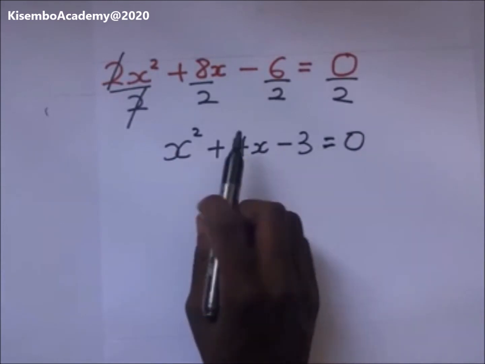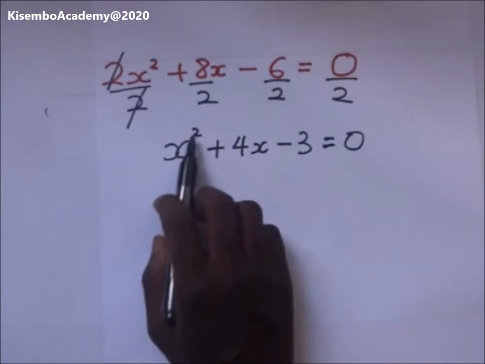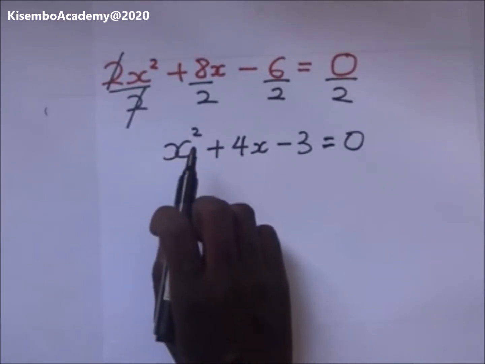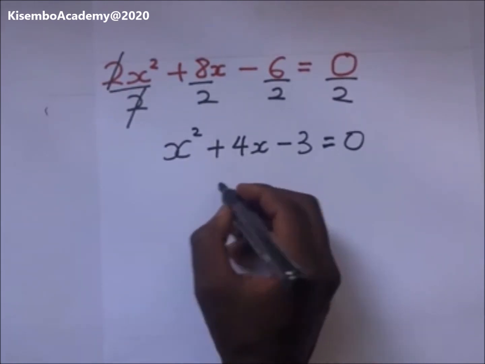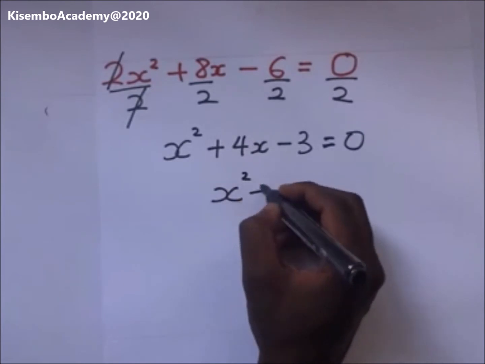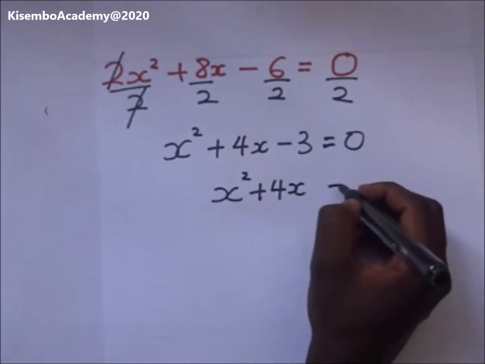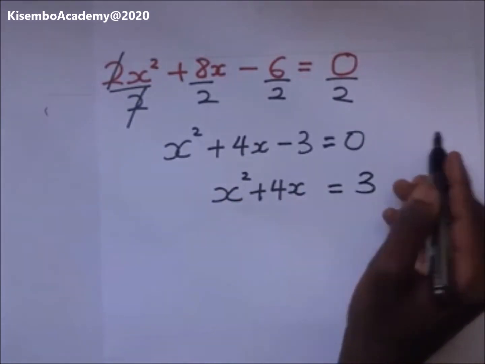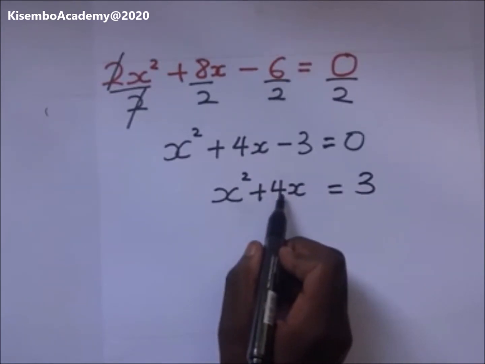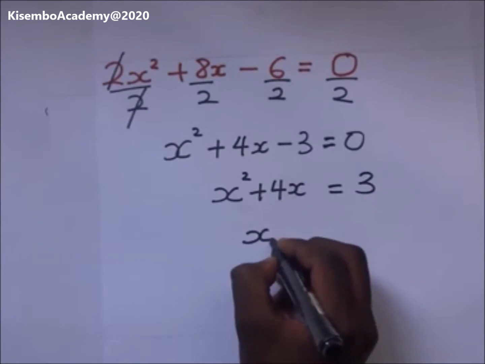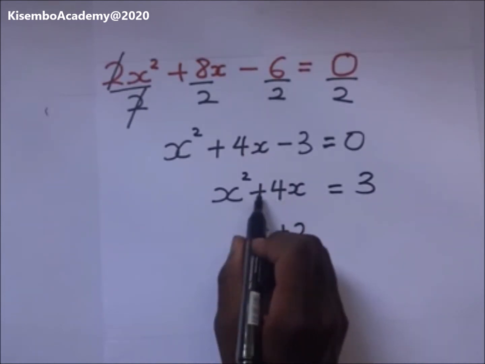Now, after making sure that our quadratic equation has its coefficient of x squared as 1, then we can go ahead and complete squares. So, like we've been doing before, it's going to become x squared plus 4x is going to give us 3. So we look at the coefficient of x divided by 2. 4 divided by 2 is 2, so it's going to become x plus 2, because this is positive 4.